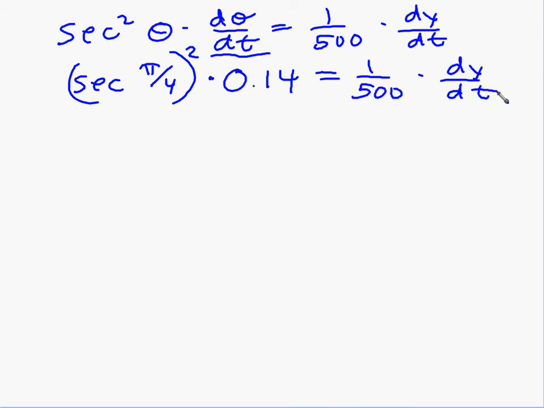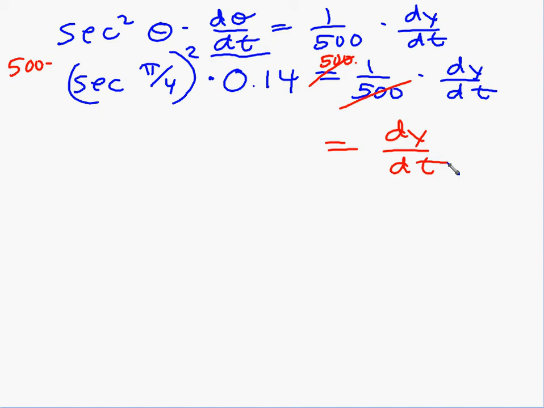Now, wouldn't it make sense to go ahead and multiply both sides by 500? Right? Because we're going to be solving for dy dt. So if I multiply both sides by 500, 500 times this side, 500 times this side, get out the slasher, and I have got dy dt by itself.